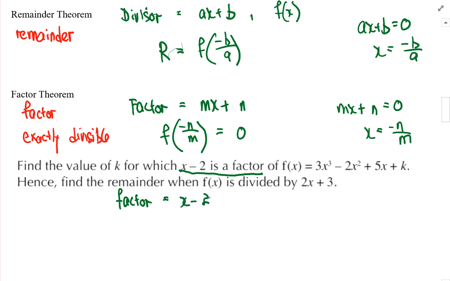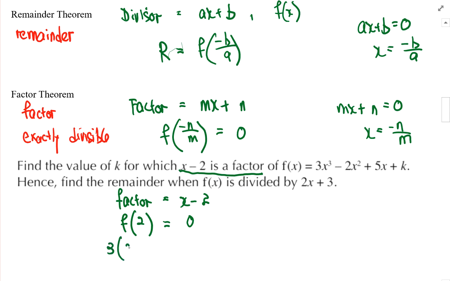The polynomial equation has been given to you. So the use of factor means that I must use the factor theorem. What do I substitute into the polynomial equation? x minus 2 equal to 0 means that x is equal to 2. So when I substitute x is equal to 2 inside, the factor theorem will tell me the remainder is equal to 0. So please substitute inside now.